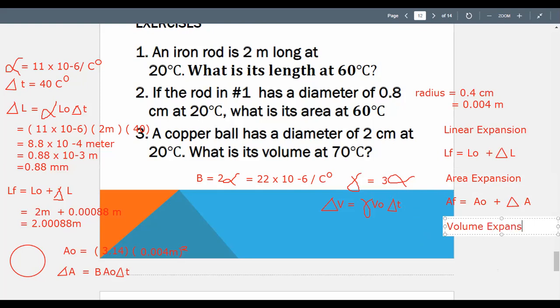Our final volume, or VF, is equal to V sub O, sorry, plus the change in the volume. Okay, that's how you get the different values. So for our change in area delta A, you put it there. For change in volume or delta V, this is what you add there.